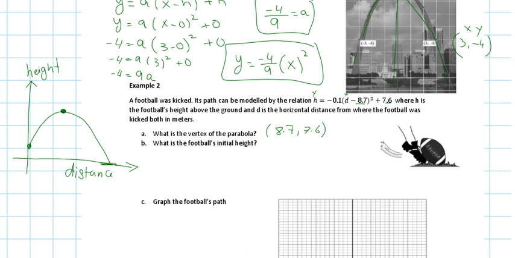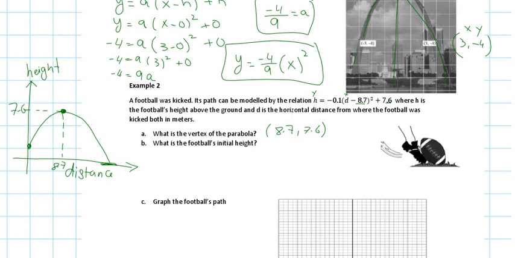Looking at this vertex, which is 8.7 and 7.6, can you tell me what is the highest point that the football has reached? 7.6. When did it reach that 7.6 meter? 8.7 meter from the kicker.